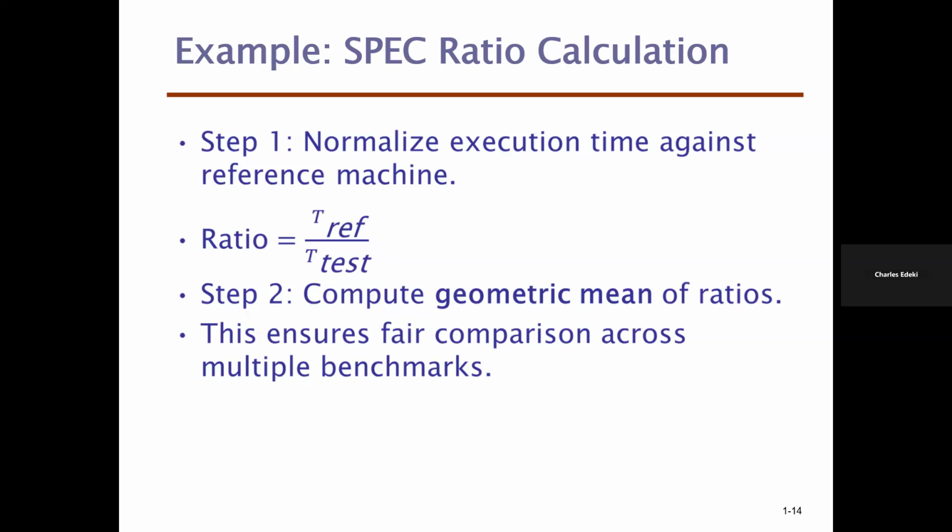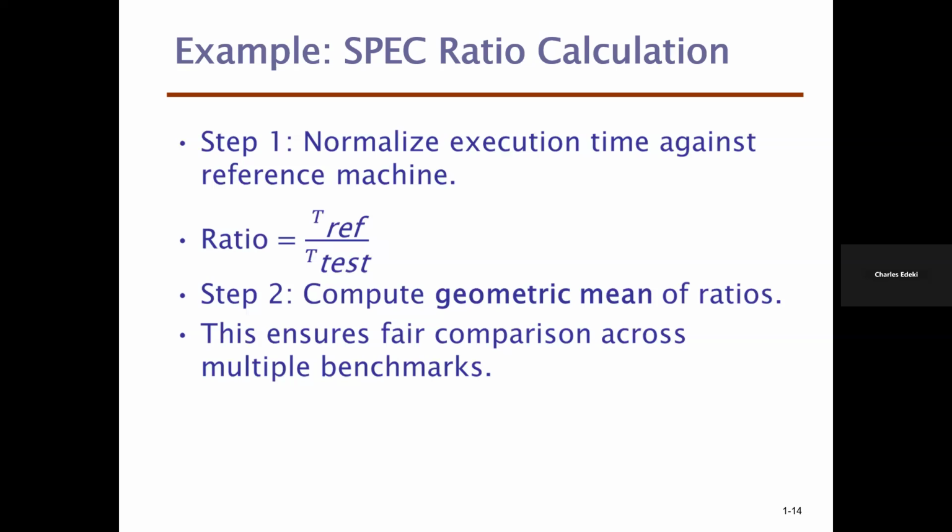Okay, so if no question, then let's continue. So this is an example given to us. Then we can see from this example, step number one, we need to normalize execution time against the reference machine.